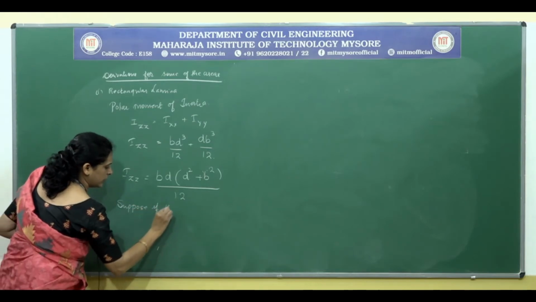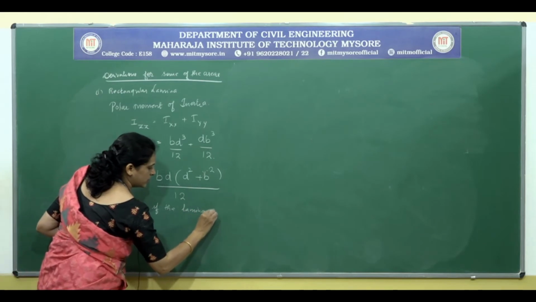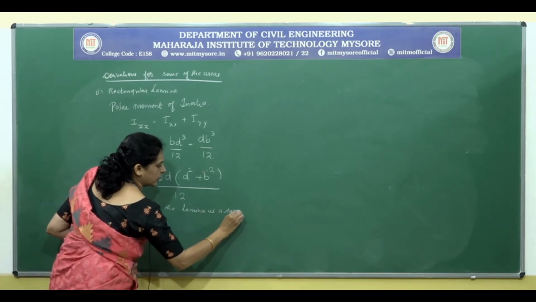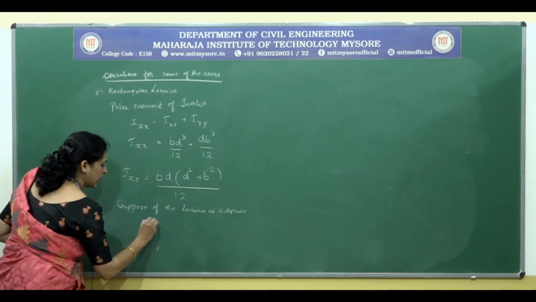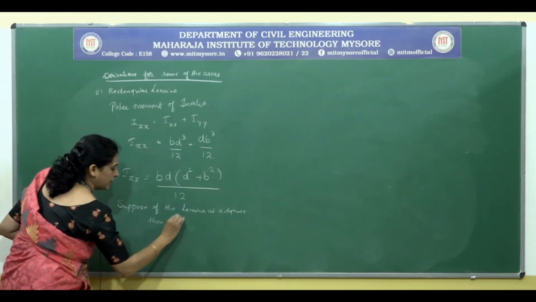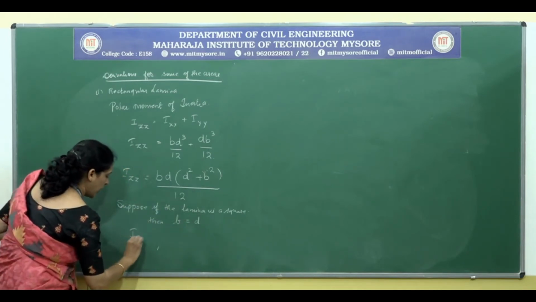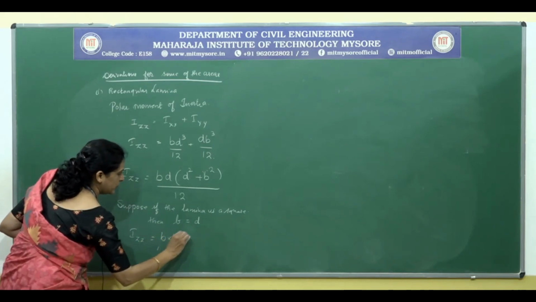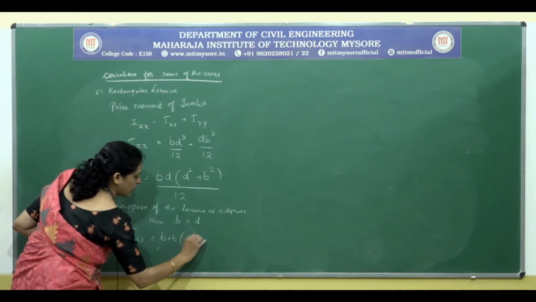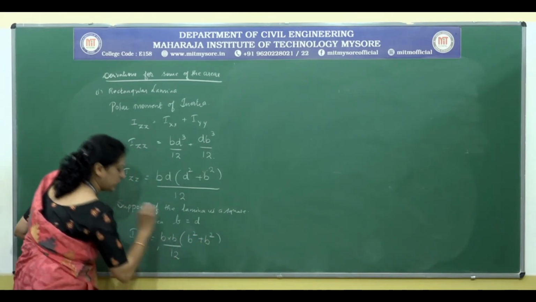Suppose the lamina is a square rather than a rectangle, then B will be equal to D. So Izz will be B into B square plus B square by 12.